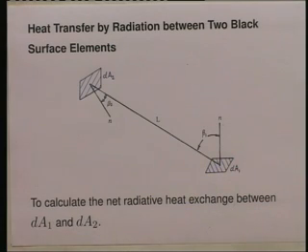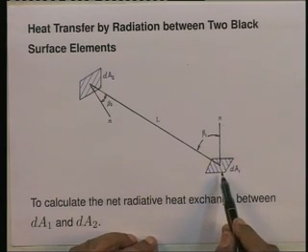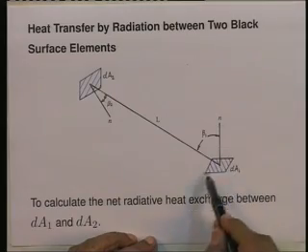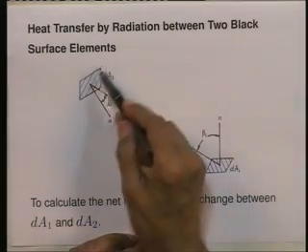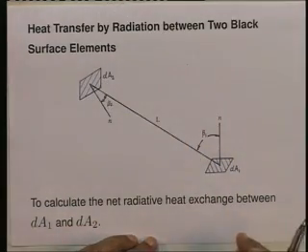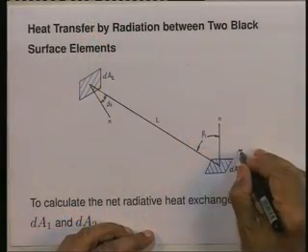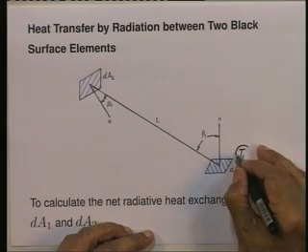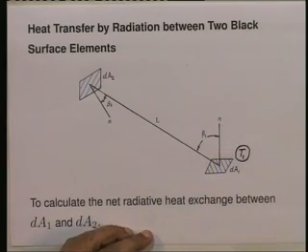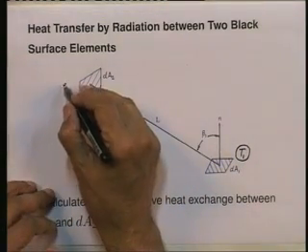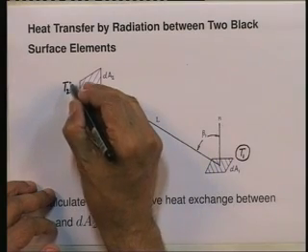Let us say the black surface elements are dA1, this is one black surface element, and dA2. There are two surface elements arbitrarily located somewhere in space. dA1 is at an absolute temperature T1, and dA2 is at an absolute temperature T2.